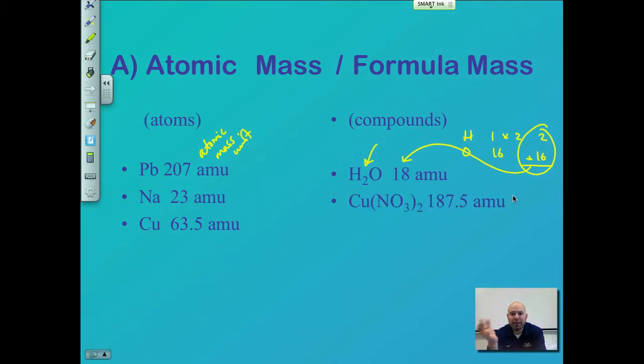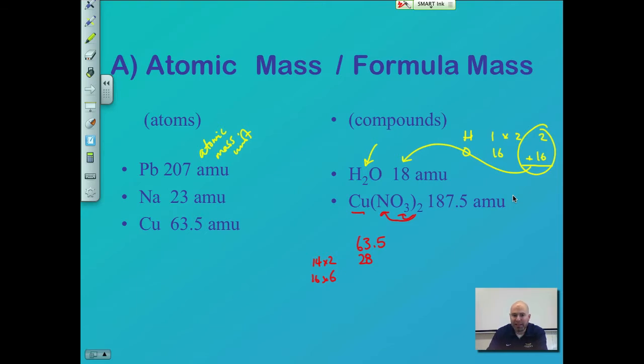Copper nitrate, 187.5. Just as a quick reminder, we have only one copper, that's 63.5. We have 2 nitrogens. So each nitrogen is 14, so we have our 28 AMUs. And we have 6 oxygens. Oxygen is 16, and we have 6 of them.